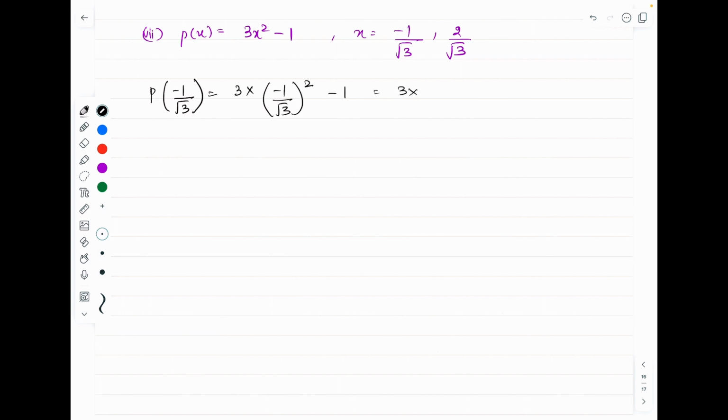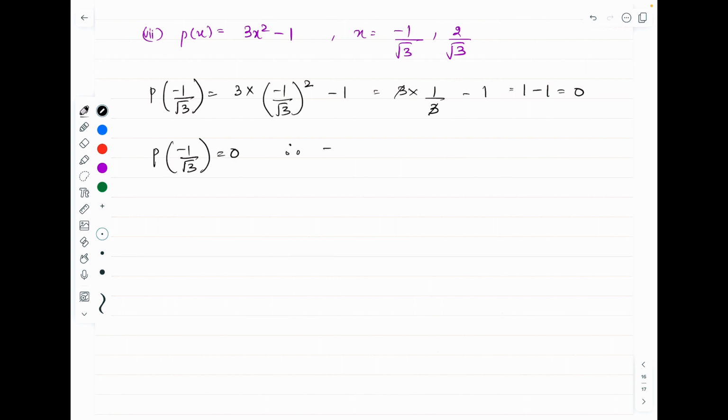Minus 1 square is 1, root 3 square is 3. So 3 into 1 by 3 minus 1. 3 is cancelled, giving 1 minus 1, which is 0. So P of minus 1 by root 3 equals 0.